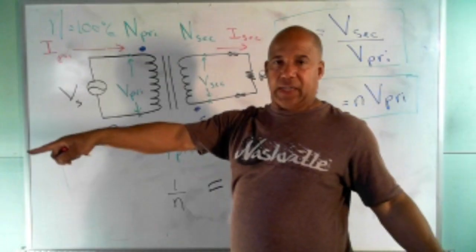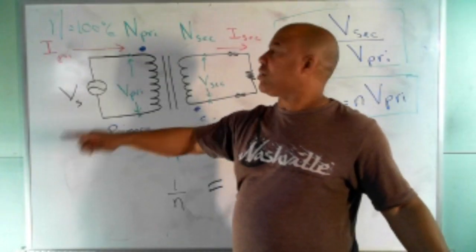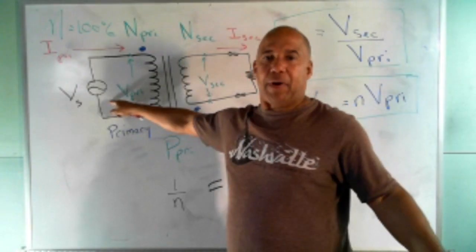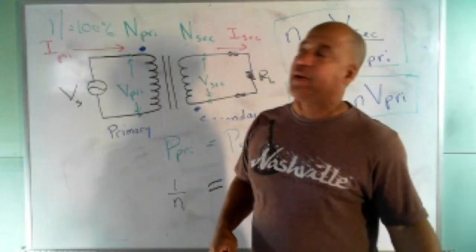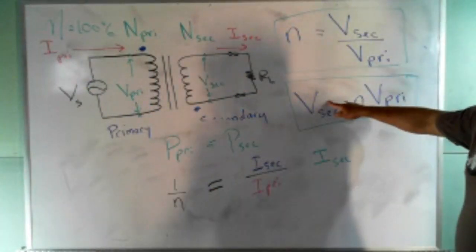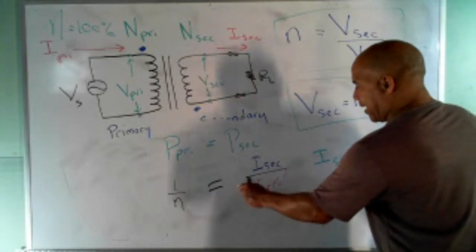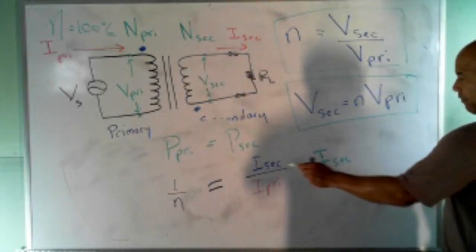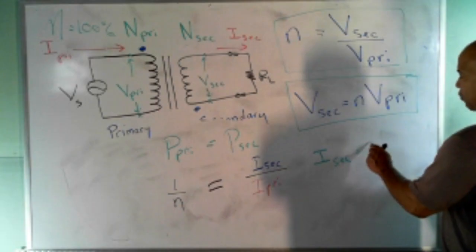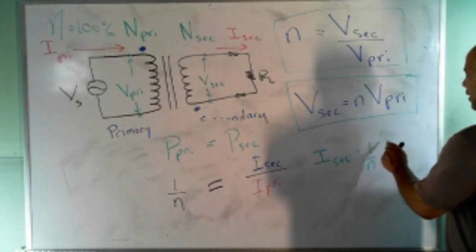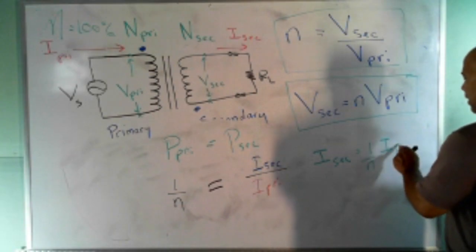That's what we get in the wall outlet. So most of the time you know the primary, we want to know the secondary. So usually we write this in terms of V sec, and we're going to write this in terms of I sec. So if I multiply both sides of this equation by I prime, I get I sec is 1 over N times I prime.